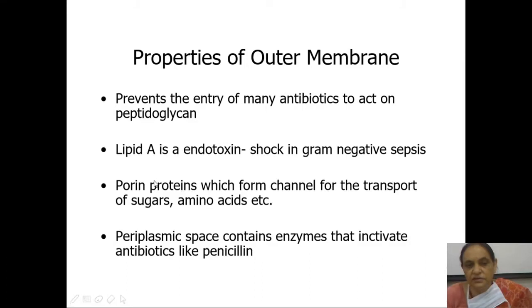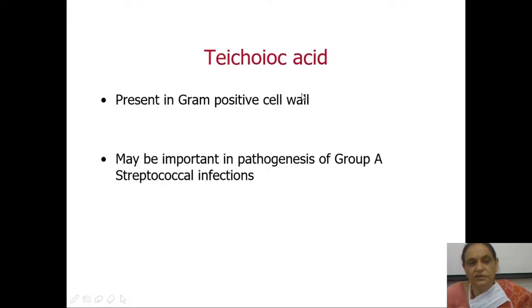Teichoic acid, which you saw in the picture, is present in a gram-positive cell. Not very important, but we have to complete the list of the structure. However, in Streptococcus pyogenes, it has been shown to have a role in the pathogenesis.